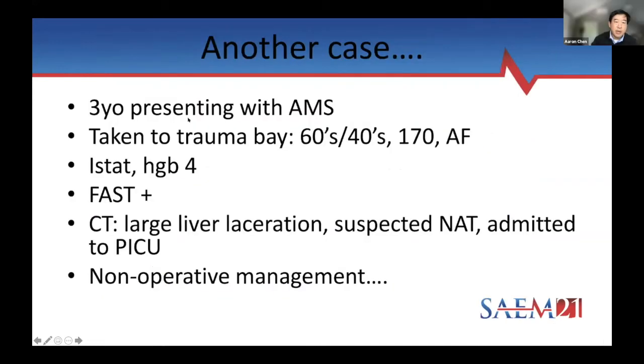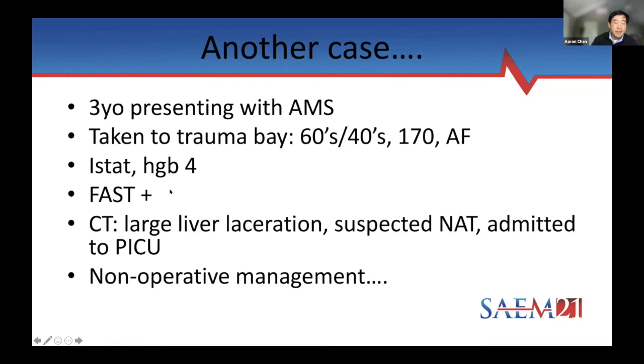This was a case that we saw in our institution early on that I think highlights some of this. A 3-year-old presented with altered mental status and was taken directly into our trauma bay because of how ill they were. They were hypertensive and tachycardic. An ISTAT in the trauma bay showed a hemoglobin of 4, and the FAST scan was positive.